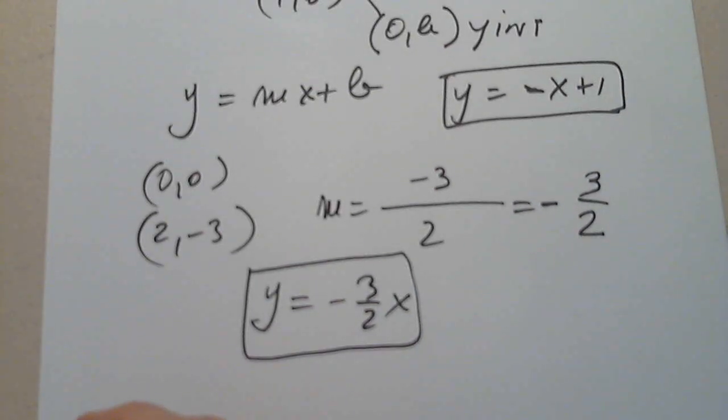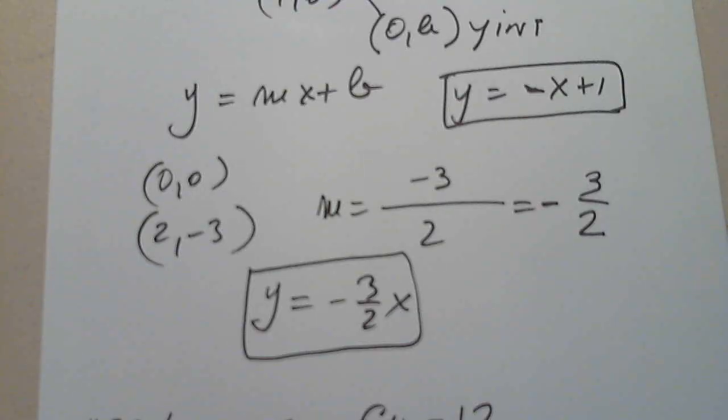So this is 27 in 4.4. And we have 7x plus cy equals 12, so that the line will have a slope of 1/2. So they're asking us to find c such that this line has a slope of 1/2. Okay.